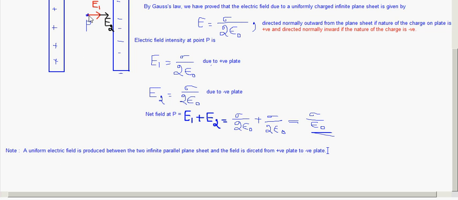So P can be anywhere, but the value is equal to sigma by epsilon naught, and the direction is from positive to negative plate.